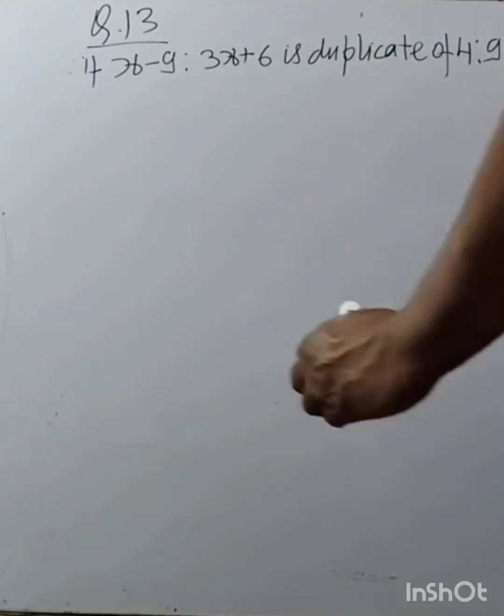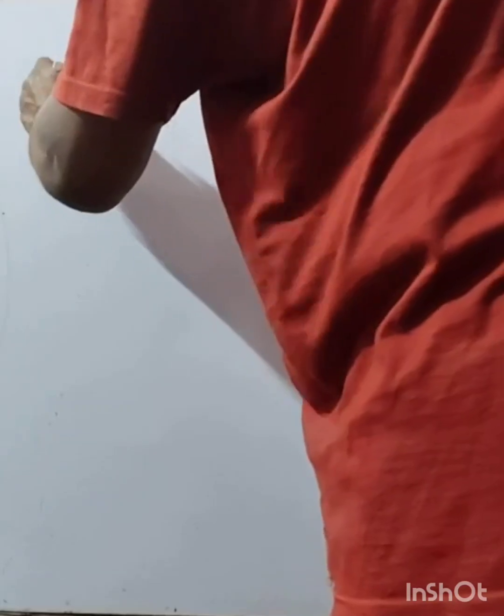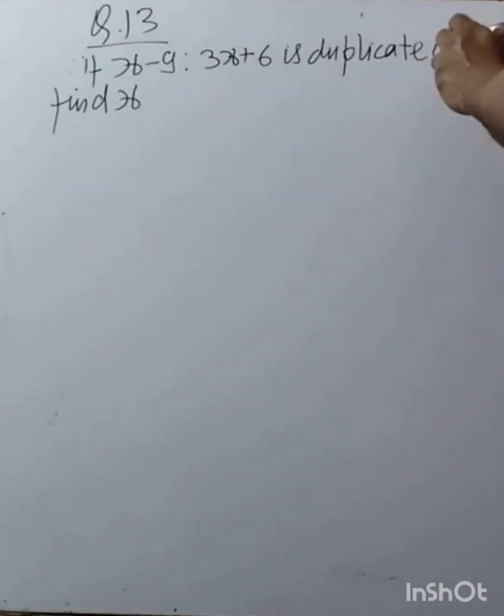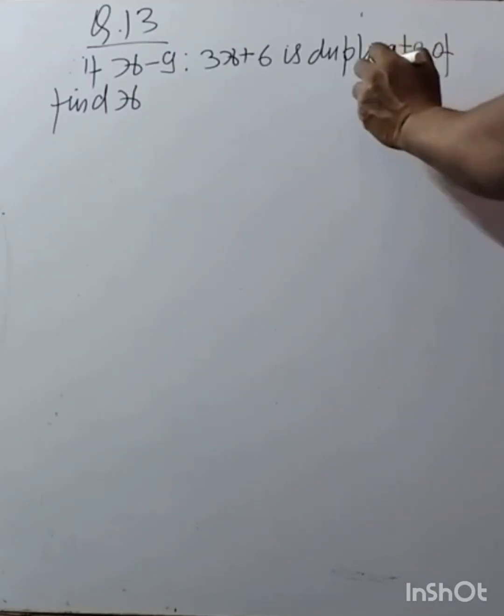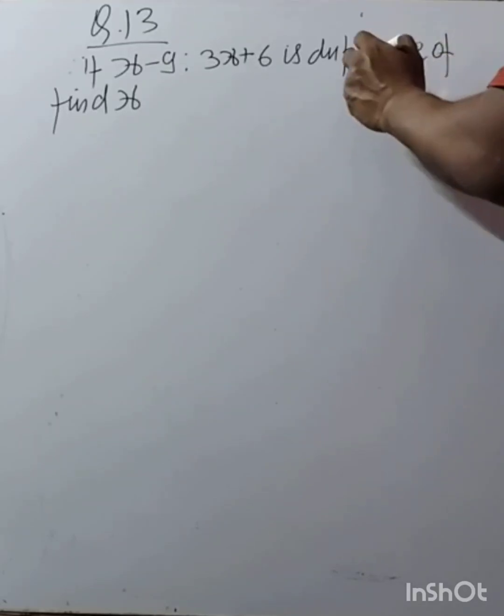So, find x. Okay. So here is the duplicate ratio of 4:9, right?